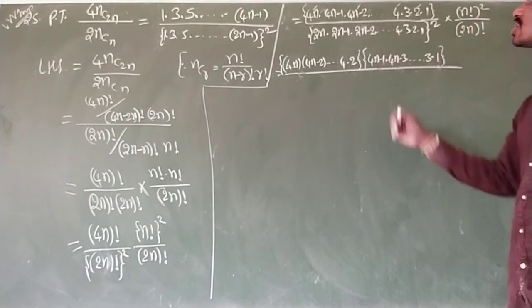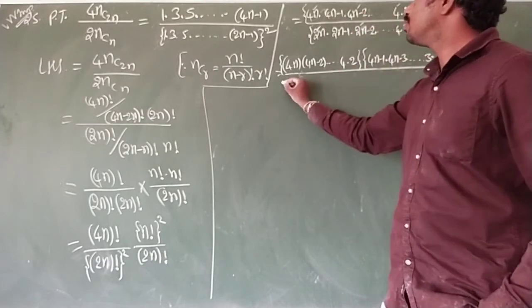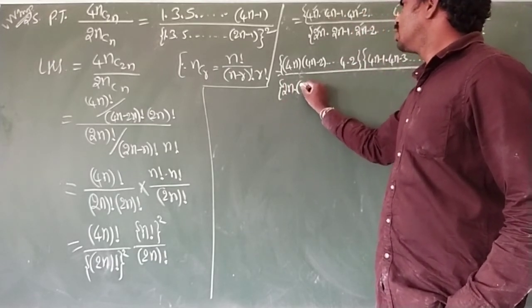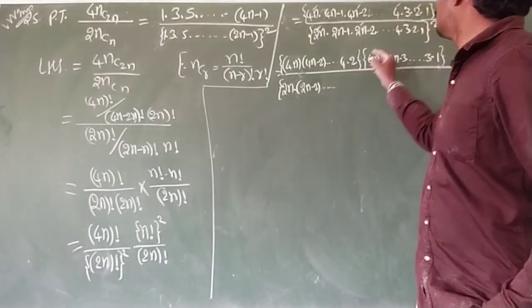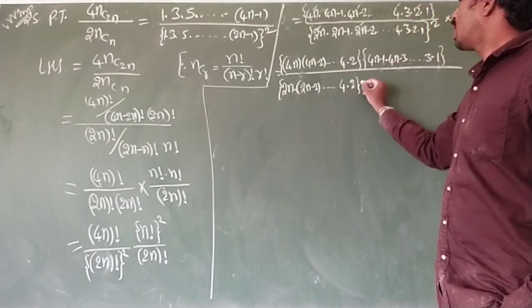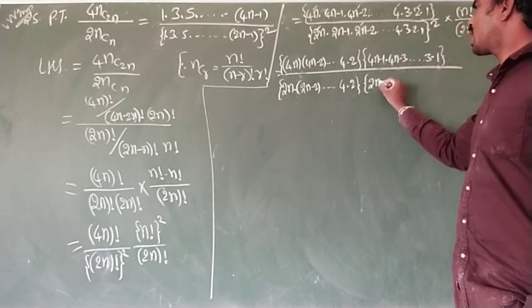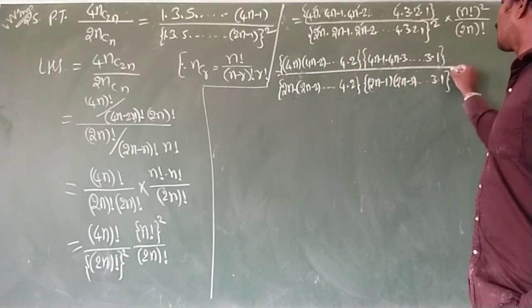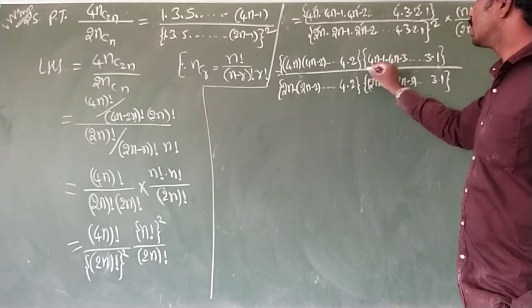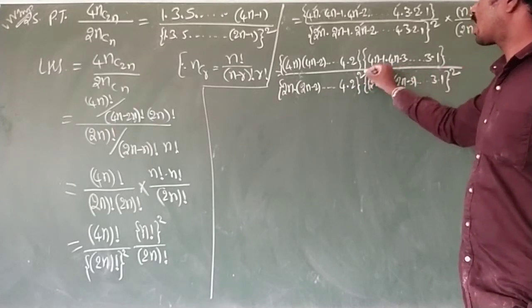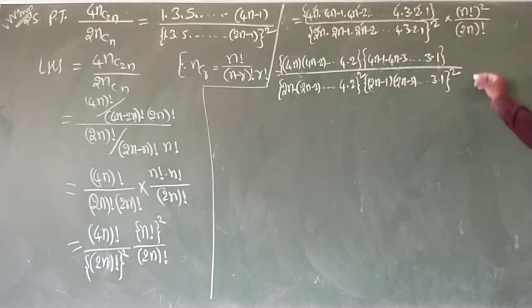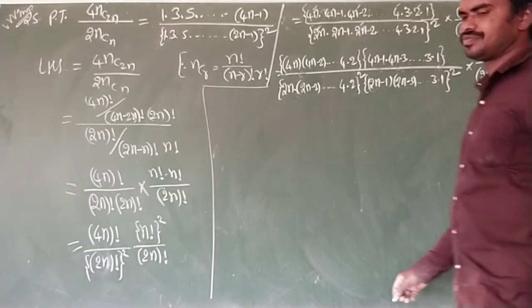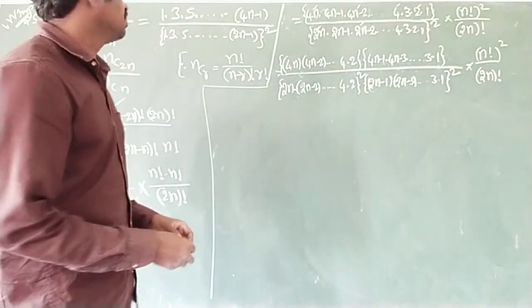Similarly, in the denominator also, what are the even terms? 2n into (2n minus 2) into so and so 4 into 2. And what are the odd terms? (2n minus 1) into next will be (2n minus 3) into so and so 3 into 1. And it has whole square, so both terms get squared. For every term square. So into n factorial square by 2n factorial. So don't change this term. Then next, this is the last problem, which is equal.